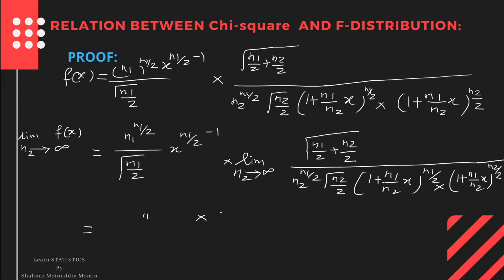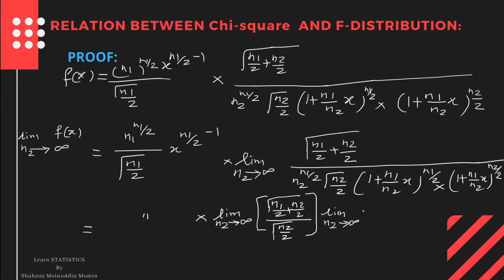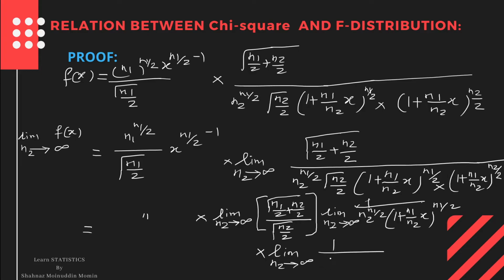Let me write the terms: limit of gamma(n1 by 2 plus n2 by 2) divided by gamma(n2 upon 2), into limit n2 tends to infinity of 1 upon n2 raised to n1 by 2 (1 plus n1 upon n2 x) raised to n1 by 2, into limit, last term is, n2 tends to infinity, 1 divided by (1 plus n1 by n2 x) raised to n2 divided by 2.